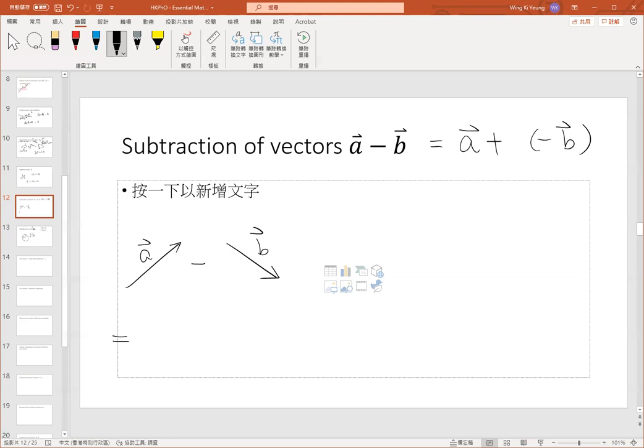Then you also draw the vector A minus vector B. I mean, you also draw the result of the subtraction.